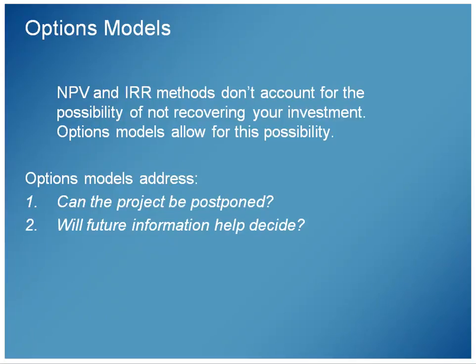So for some projects, when you start them makes a difference. Take the marketplace and building a house, for example. It might be that right now is not a great time, or 6 months from now is not a great time to sell a house. But if you waited 2 years and then went through that same project, the market 2 years down the road might be much, much better.